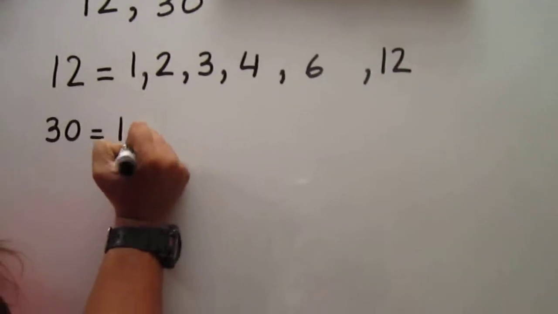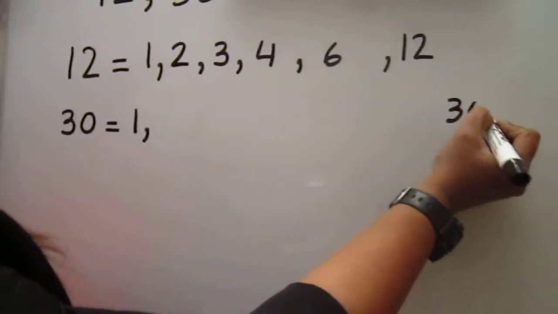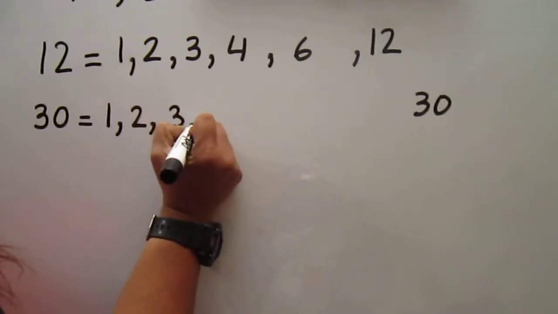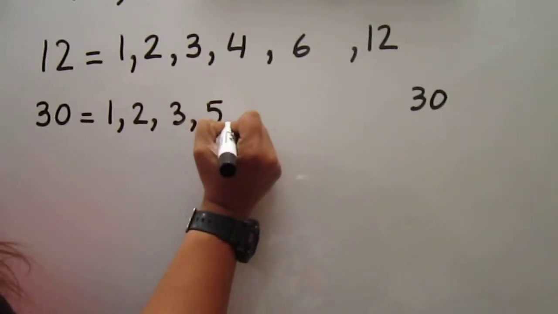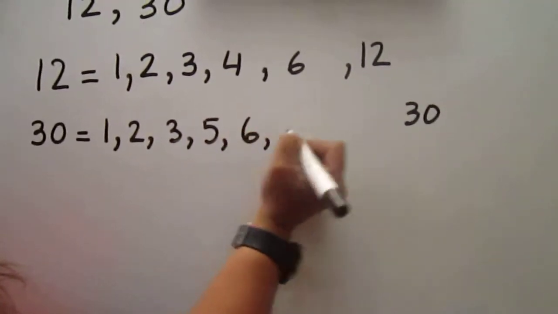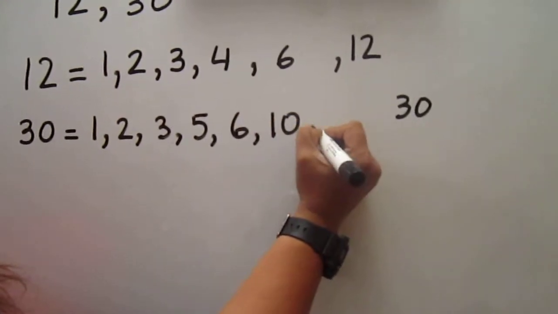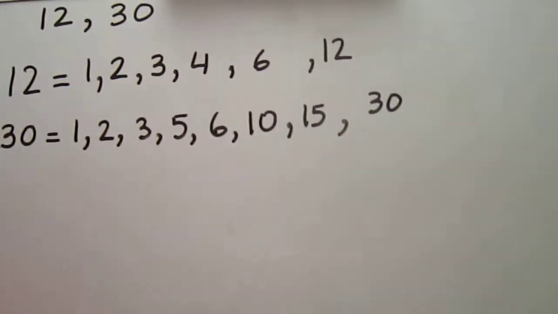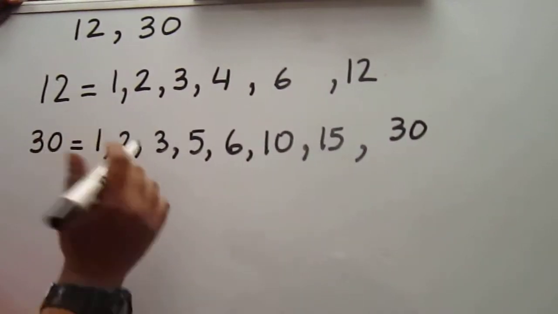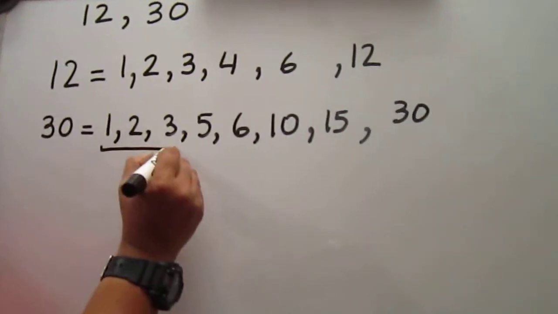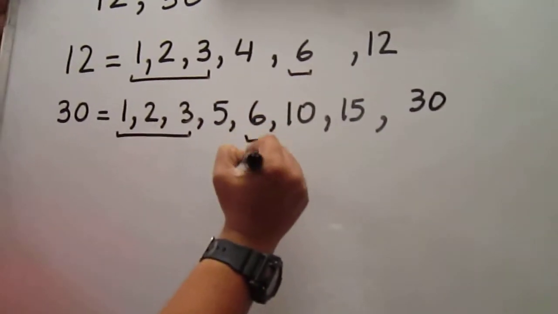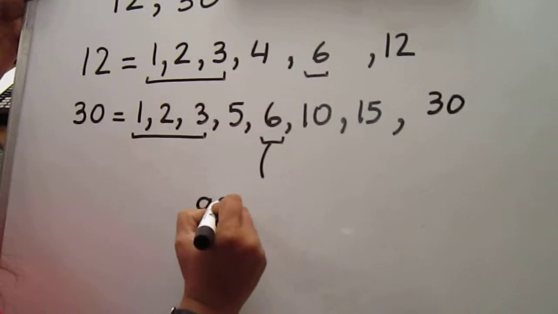Between 1 and 30 we have divisors 2, 3, not 4, we have 5, 6, 10, 15 and 30. So between these positive divisors we have common numbers 1, 2 and 3, and then 6, 6 being our greatest common divisor.